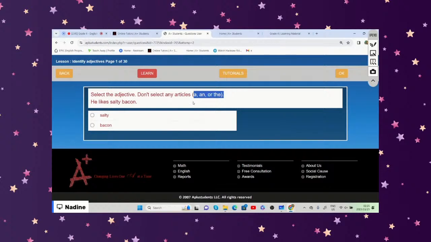An article is basically a lesson on its own, that we will do some other time if we haven't done it yet. But an article is not an adjective. So we do not select an article as a form of an adjective.